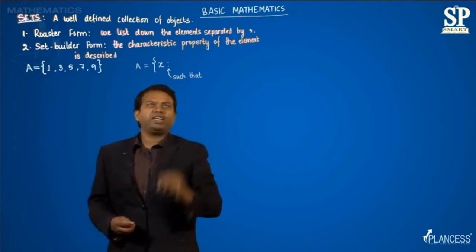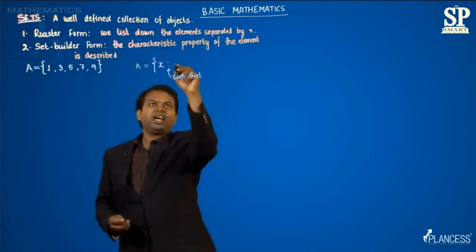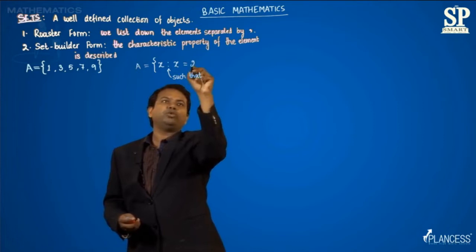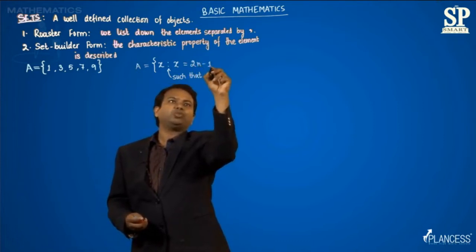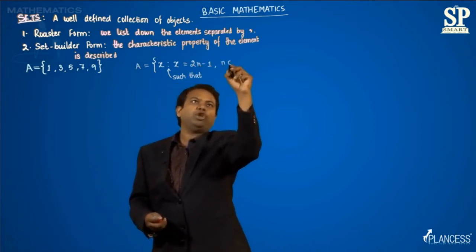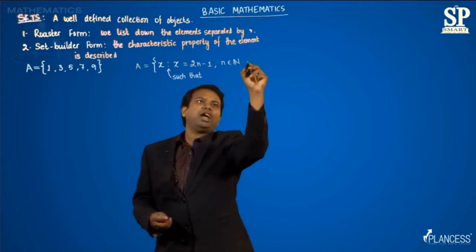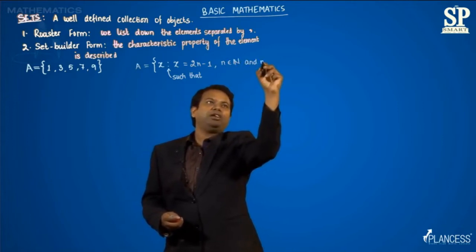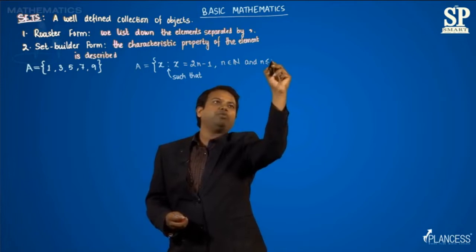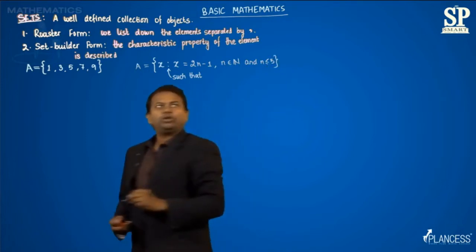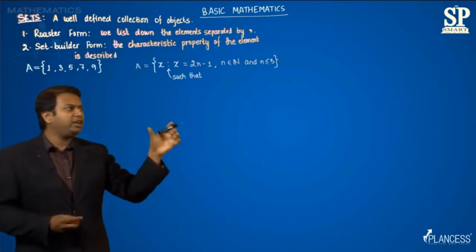So A is a set containing x such that x is equal to 2n minus 1, where n belongs to natural numbers and n is less than or equal to 5. So this is how we have defined a set.